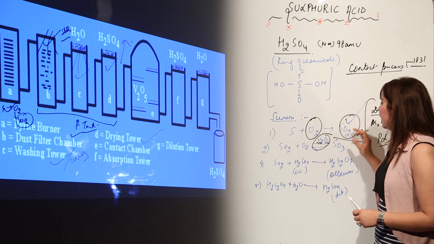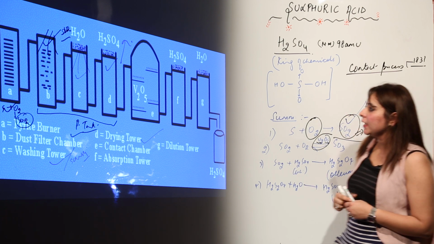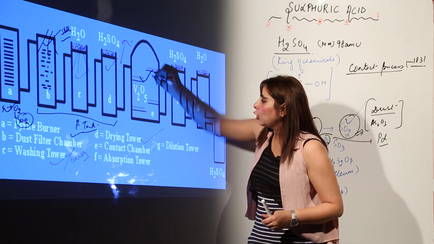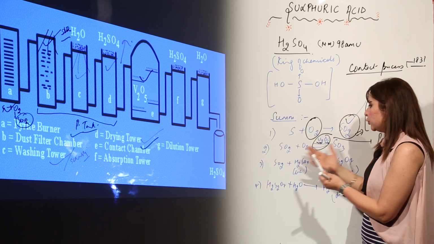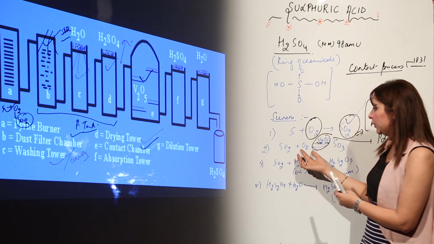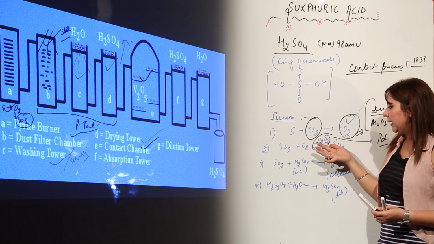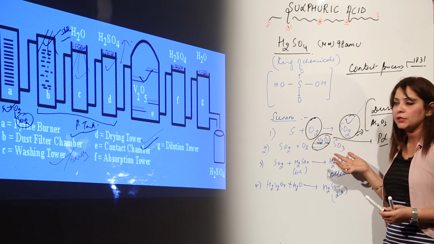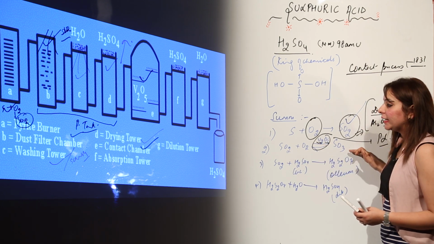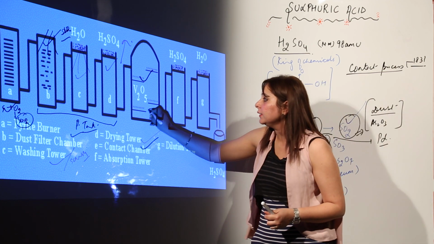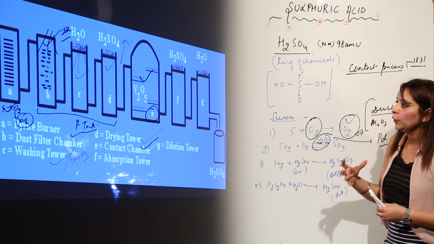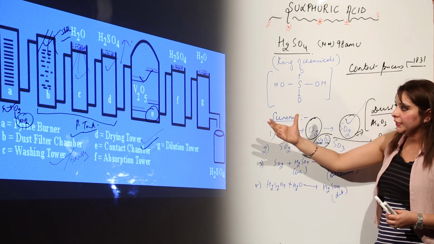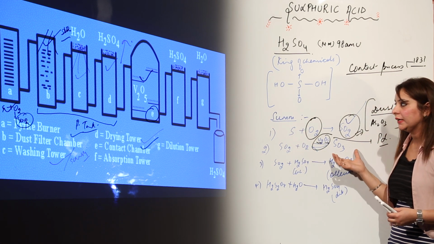Now we feed this SO2 into the E tower. It is called the contact tower. This SO2 now reacts with oxygen in the presence of vanadium pentoxide, and it yields SO3. So this second reaction takes place in the E tank. At the end, we have sulfur trioxide.